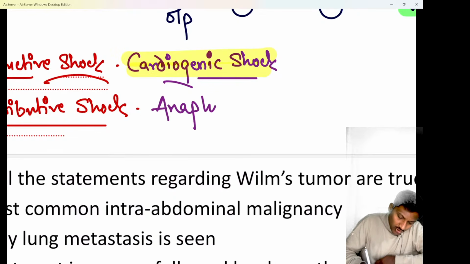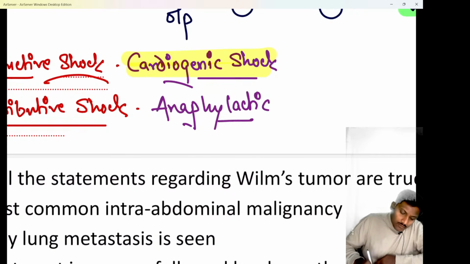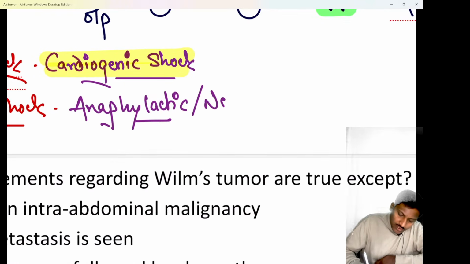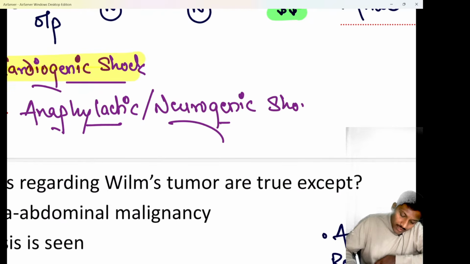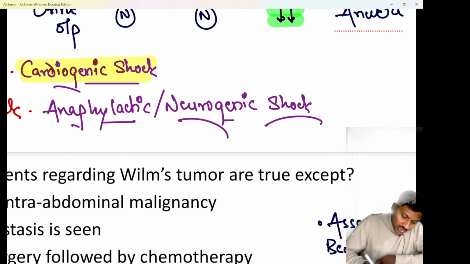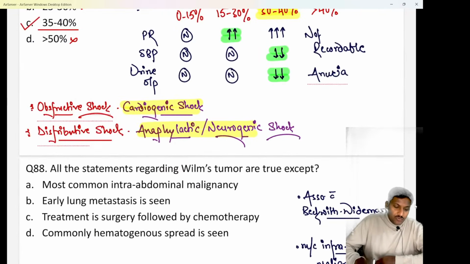In anaphylactic shock, due to allergies, there is release of histamine, and histamine causes peripheral vasodilation. The second is neurogenic shock. In neurogenic shock, due to loss of sympathetic activity, again there is peripheral vasodilation. So in anaphylactic or neurogenic shock, due to that peripheral vasodilation, all the blood gets distributed in the periphery. So these two are considered examples of distributive shock.